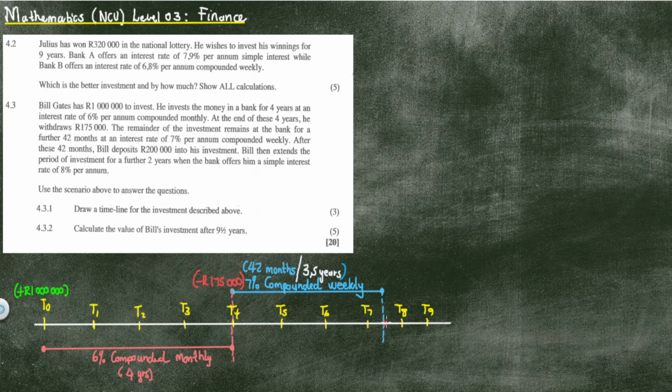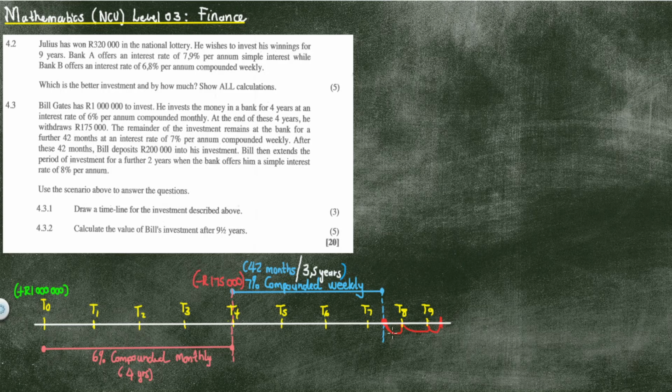So it's half a year, and then from T8 to T9, that's 1 full year. And then here, this is where I'm going to stop counting, because that covers 2 years. So it's 2 years in total.